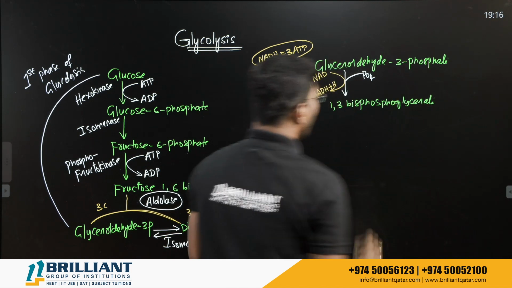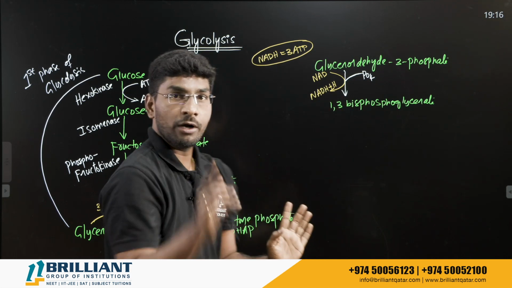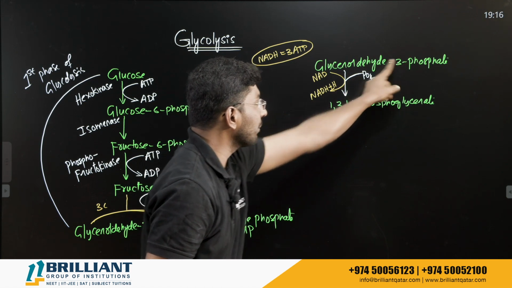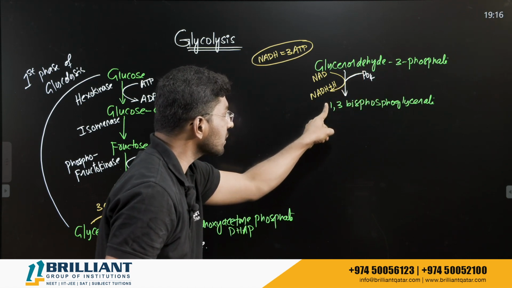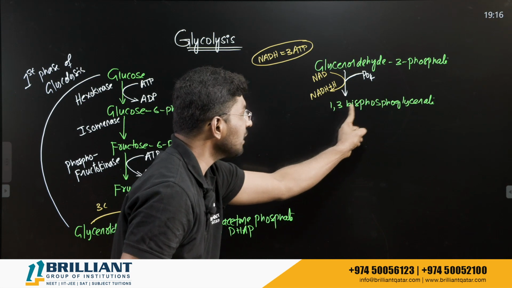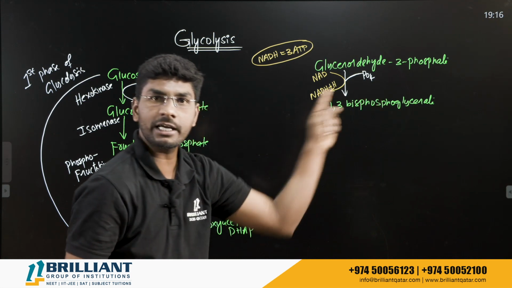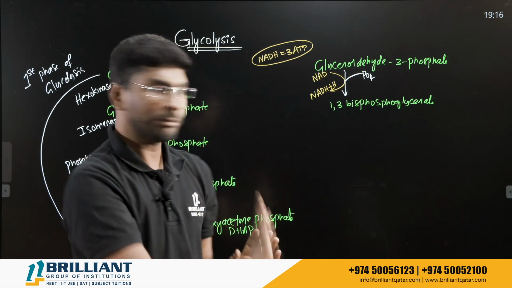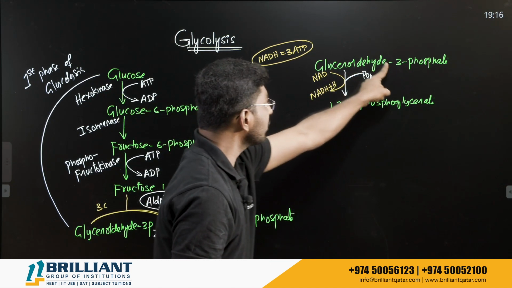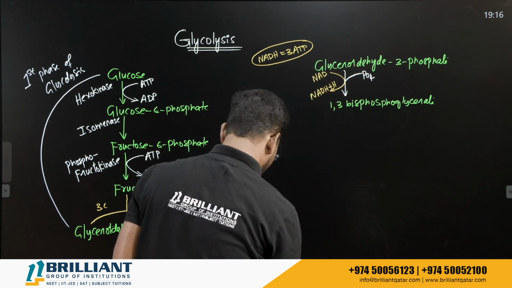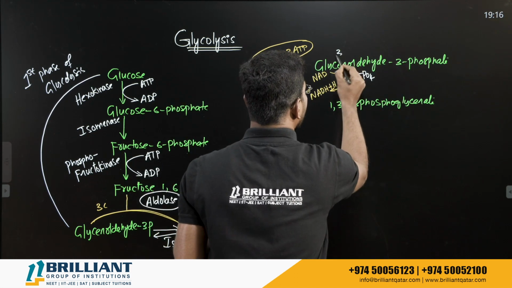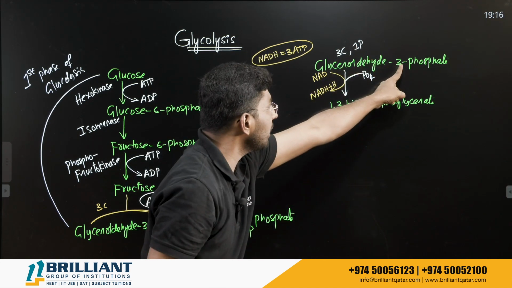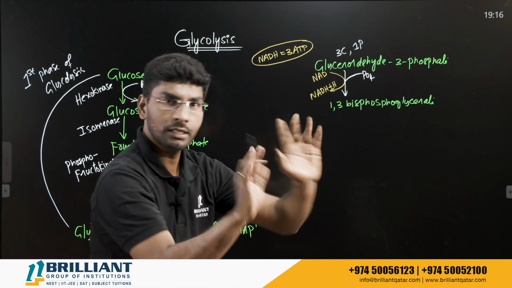Keep in mind, why 1,3-bisphosphoglycerate? Already in glyceraldehyde 3-phosphate, 1 phosphate is there on the third carbon. 1 more phosphate is coming on the first carbon. So 1,3-bisphosphoglycerate has 2 phosphates. One more time I'm repeating this step. Glyceraldehyde 3-phosphate is a 3 carbon compound with 1 phosphate on the third carbon.